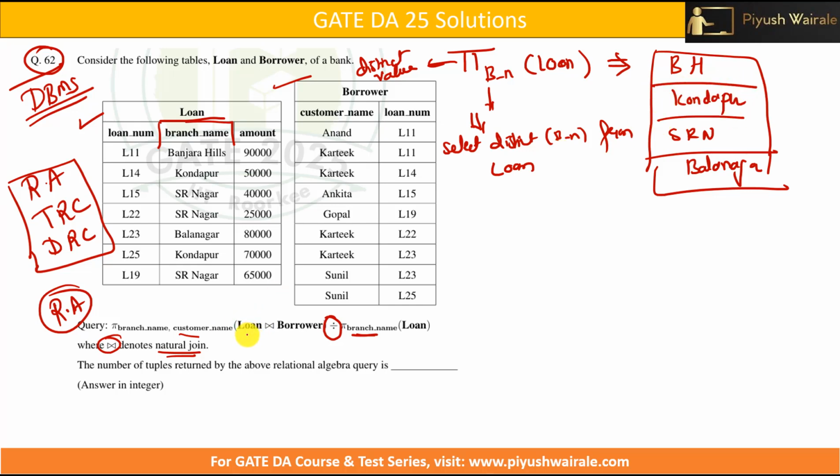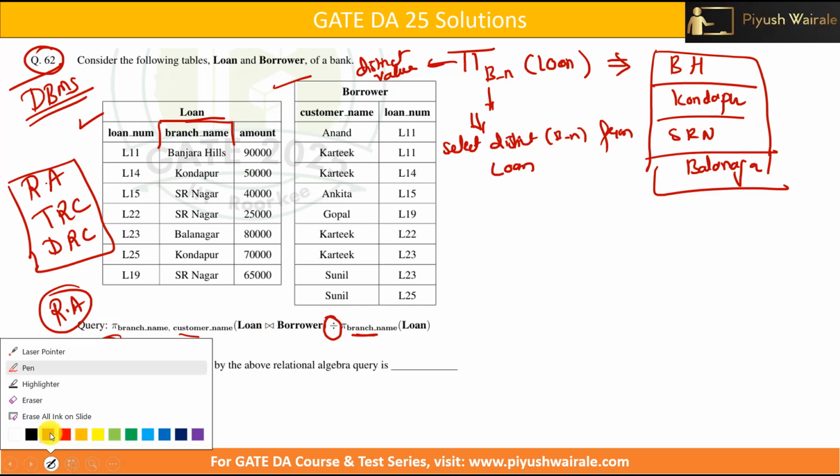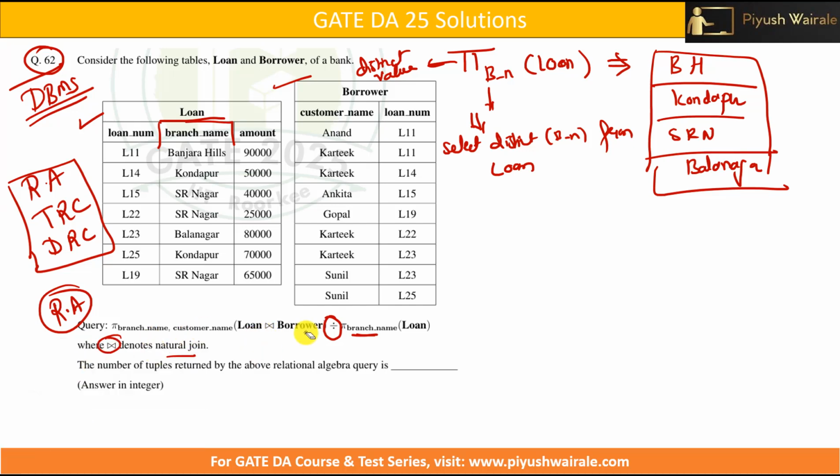So what about this particular thing, loan natural join borrower? Now we need to project branch name and customer name from the join of loan and borrower. How does natural join work? Based on the common attribute, these two tables automatically get joined. Which one is common?